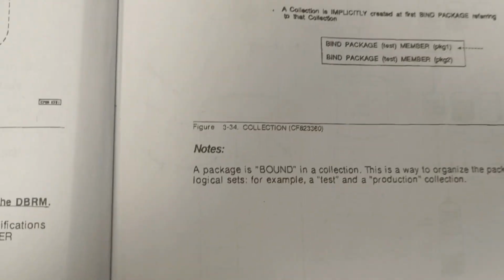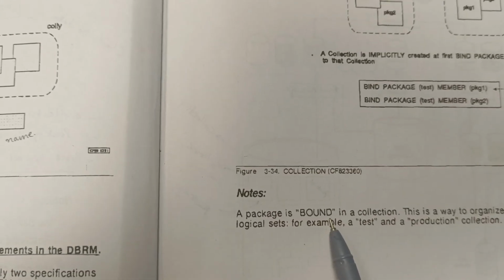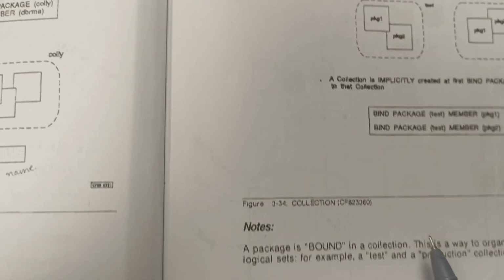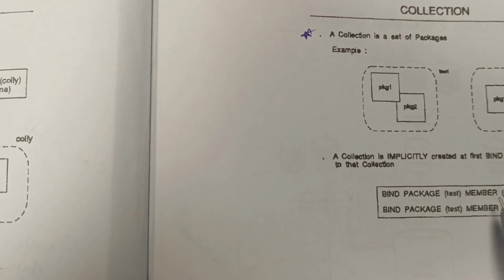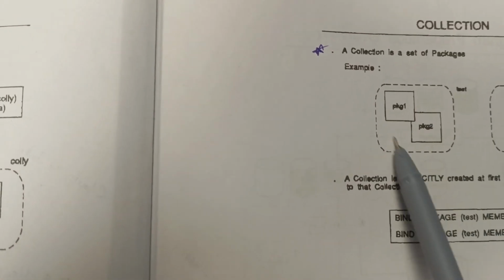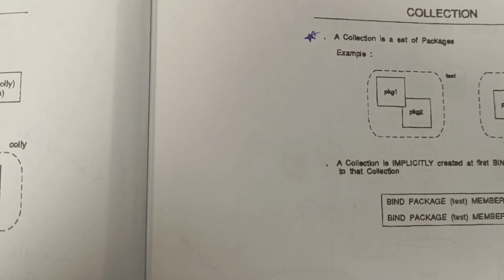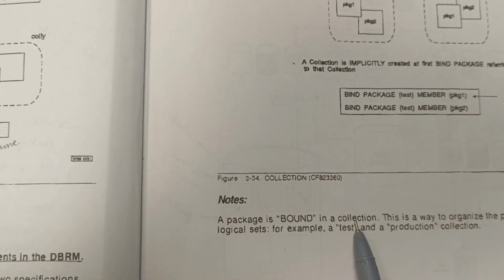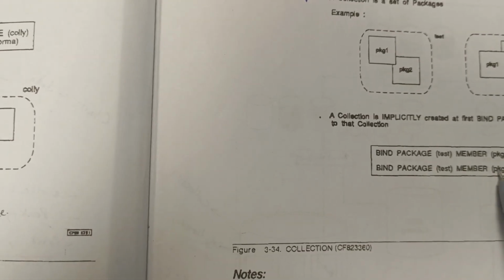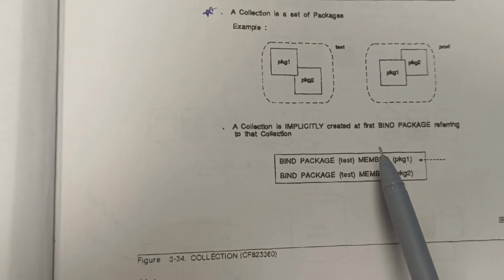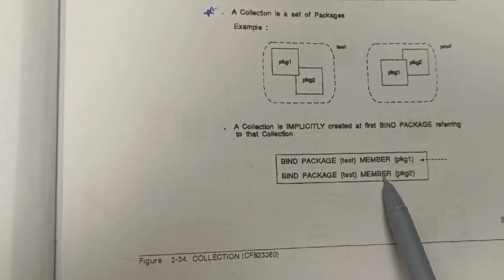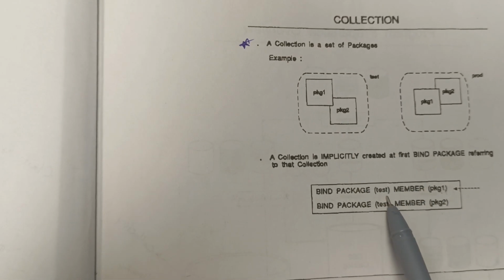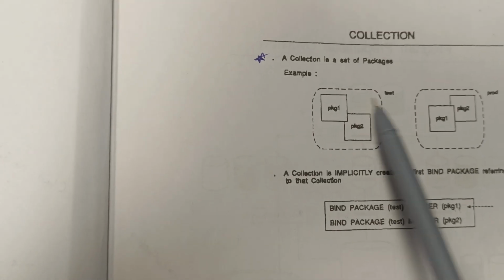A package is bound in a collection, meaning I am binding one collection with different members. That's all: a package is bound in a collection, which means I am creating two different packages, two different members, in the same collection, which is the environment here.